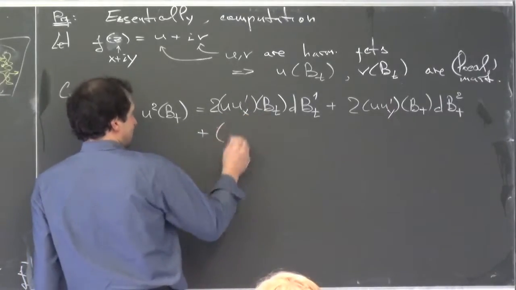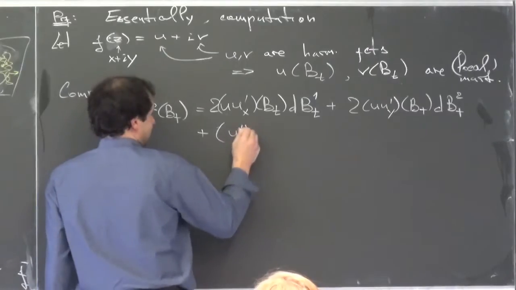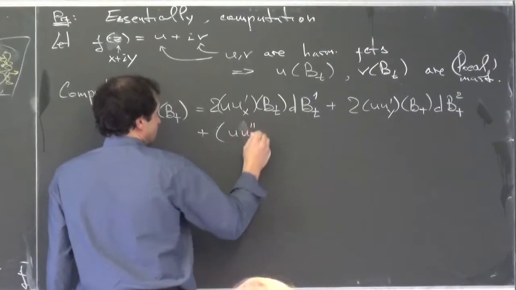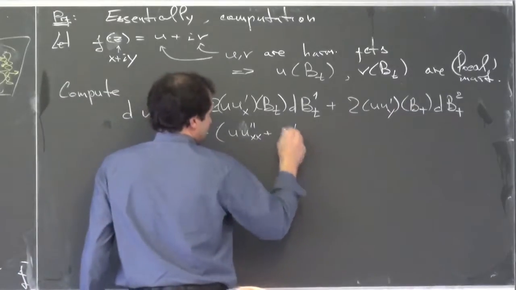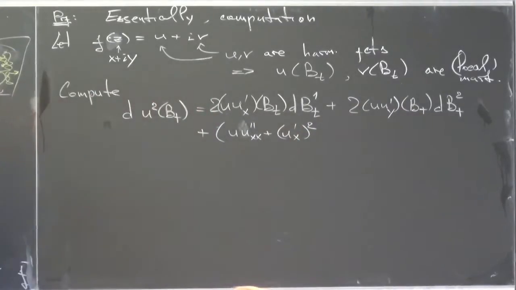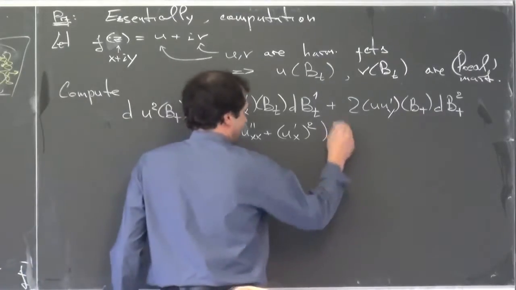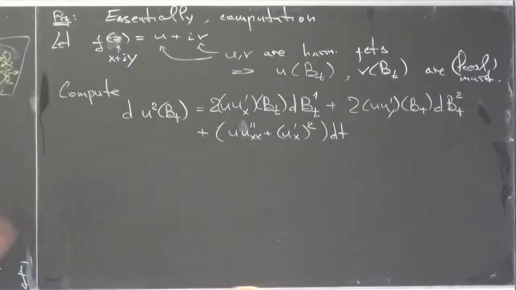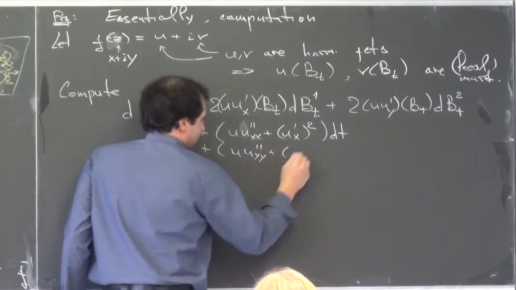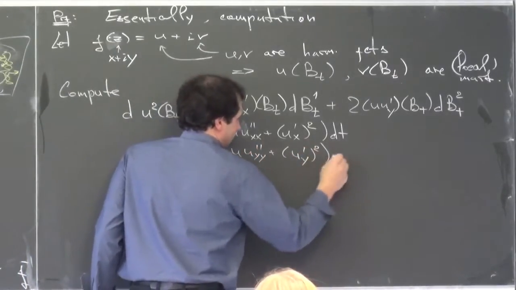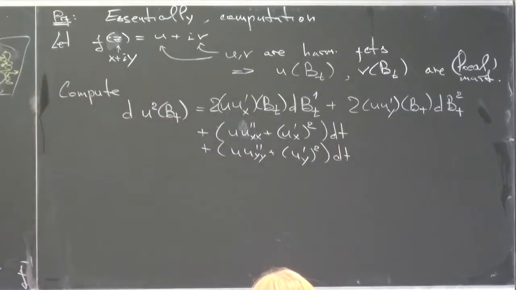So what's that? u_x squared plus u u_xx, and similarly for y, times dt, and there is no 1/2 because it's killed in Itô's formula.